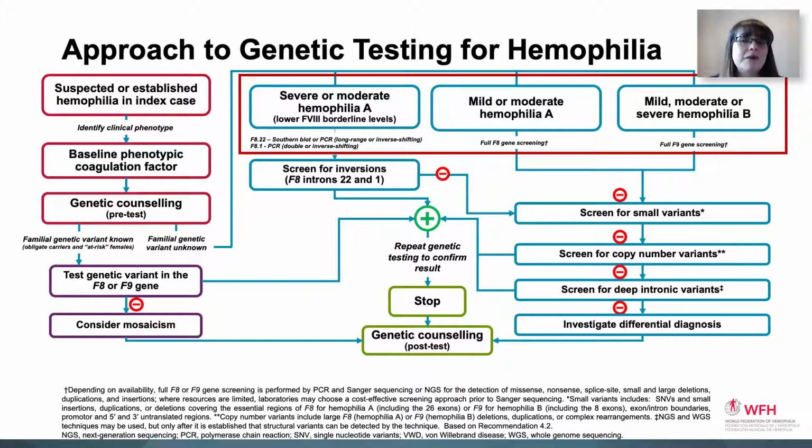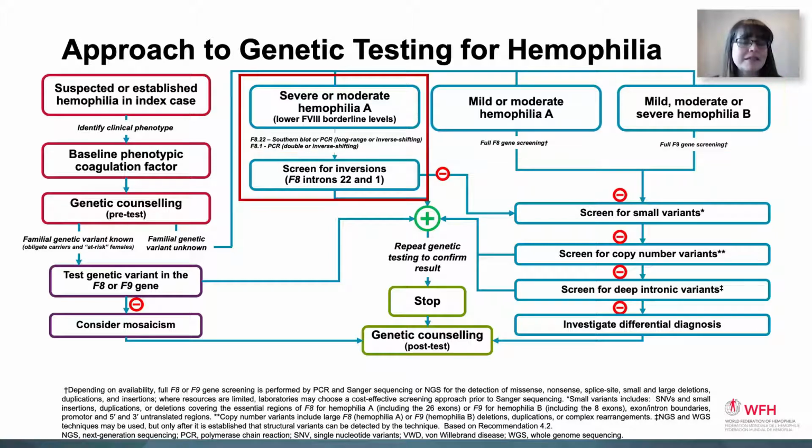In patients who have severe haemophilia A with a factor 8 coagulation level of less than 1 international unit per deciliter, or those patients with a low borderline moderate level of 1 international unit per deciliter, we're going to process these patients in a particular way.